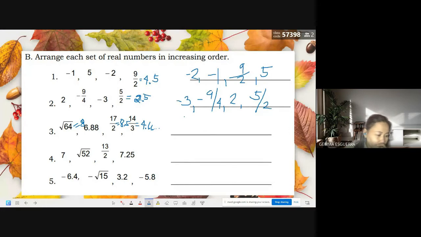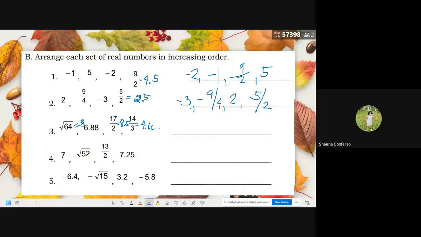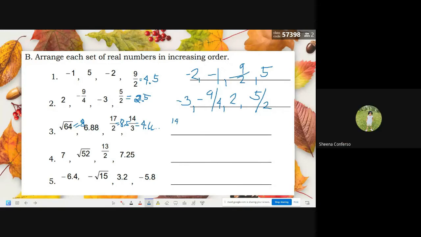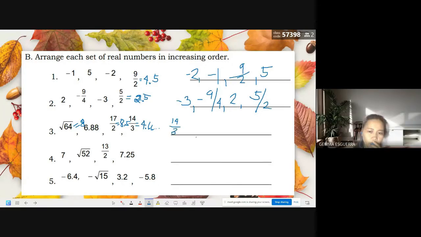Wala pa ako nakitang tamang sagot. 6.88. May negative ba dyan? Di ba walang negative? So, ano po ang mauuna? Should be 4.6. 14 over 3, di ba? According to given, 14 over 3.